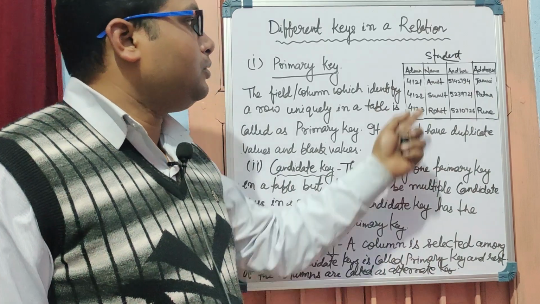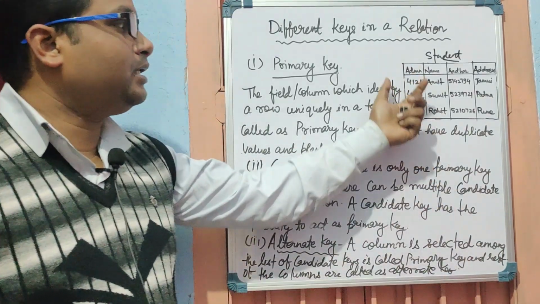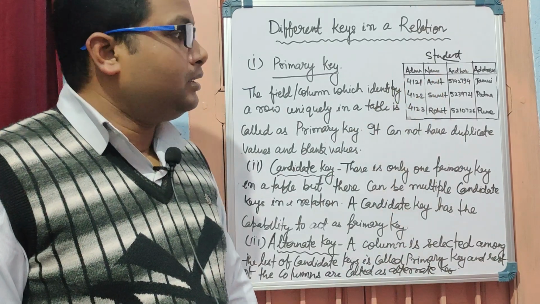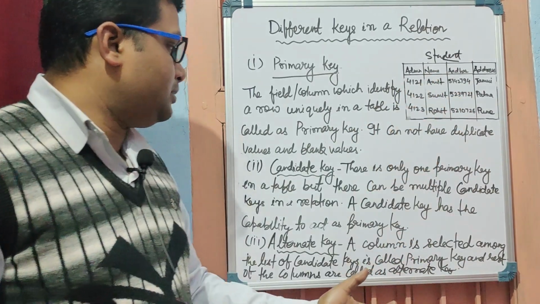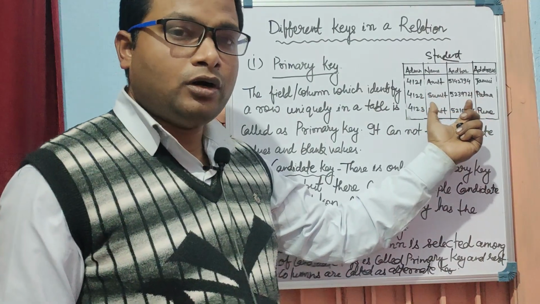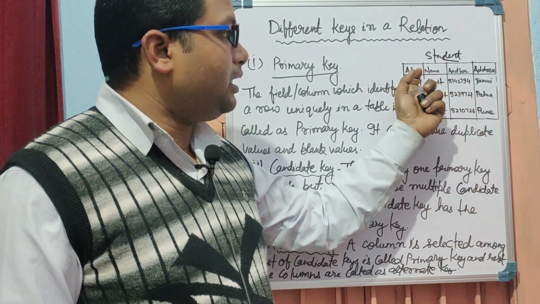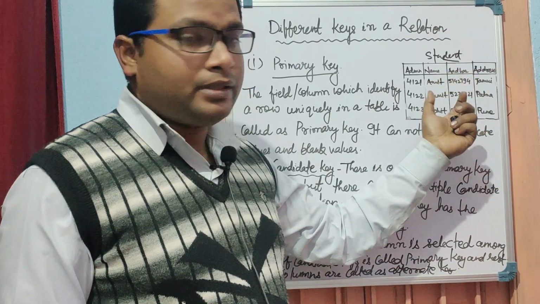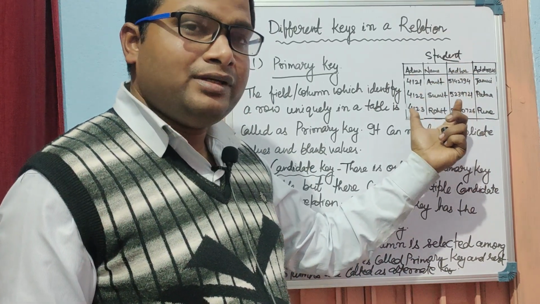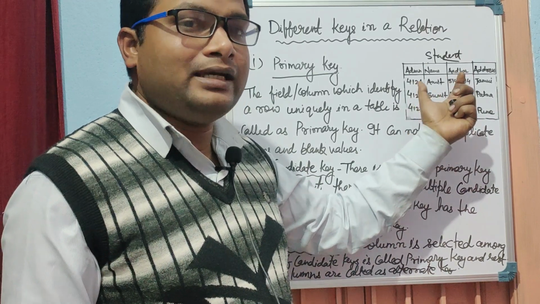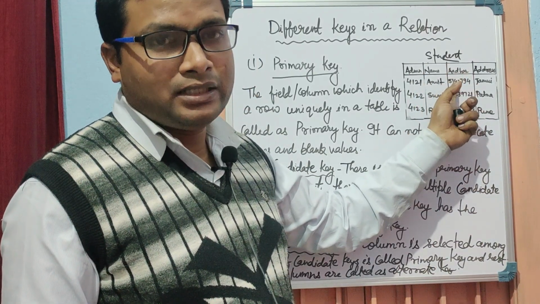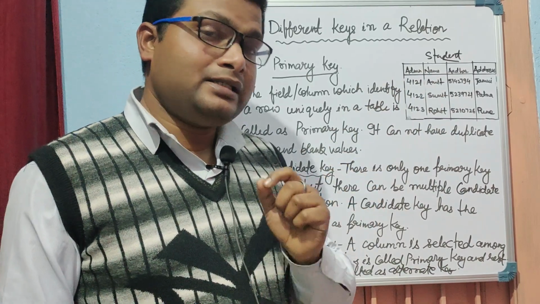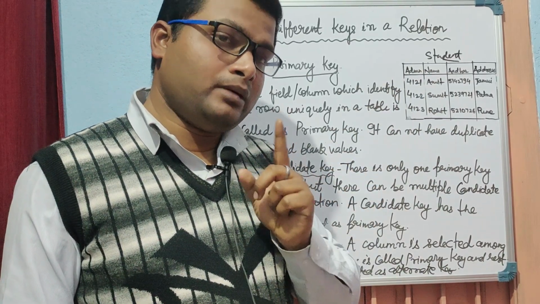So if we have taken admission number as primary key in this table, the rest of the columns, means admission number and Aadhaar number, these 2 columns are having the capacity to act as a primary key. Either you can take Aadhaar number as primary key or you can take admission number as primary key. But in a relational database you can choose only one primary key.